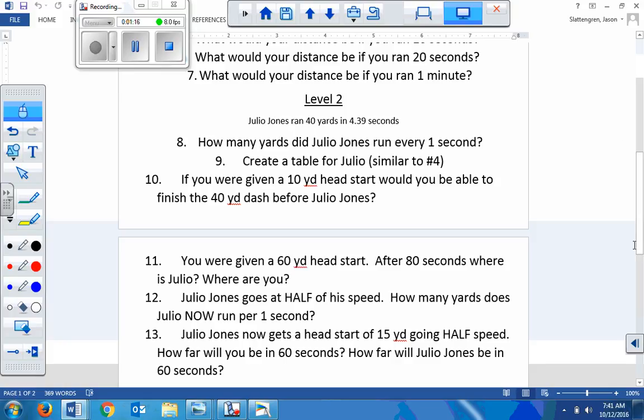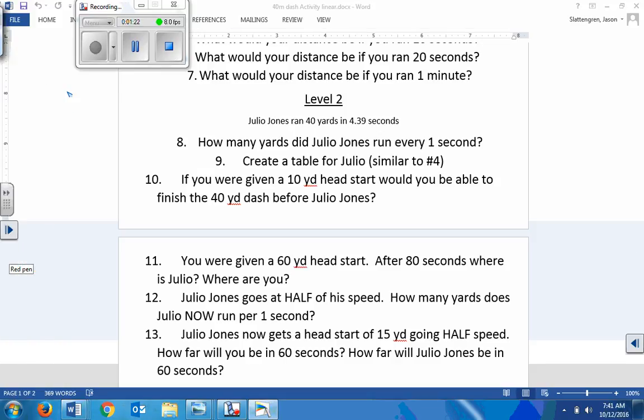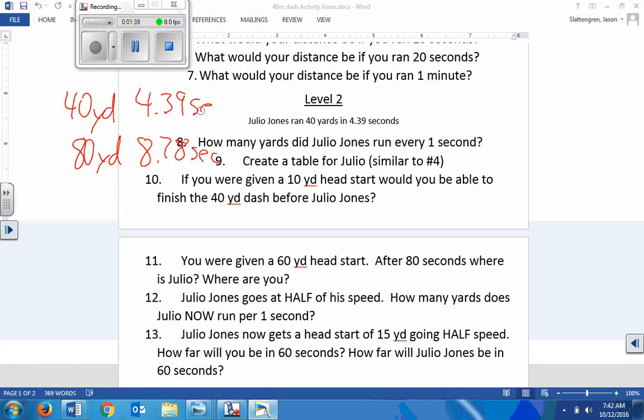Okay, because right now we know for Julio Jones, just so we'll go on Julio Jones, that Julio Jones went 40 yards in 4.39 seconds. Well, so we know he goes 80 yards in 8.78 seconds, just double that. So we know that, but that doesn't do us much good, right, because it's not a unit rate.